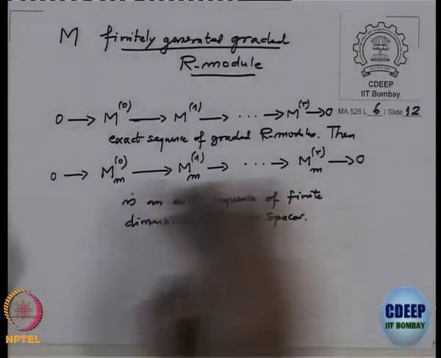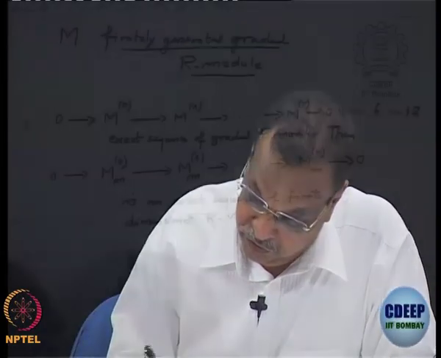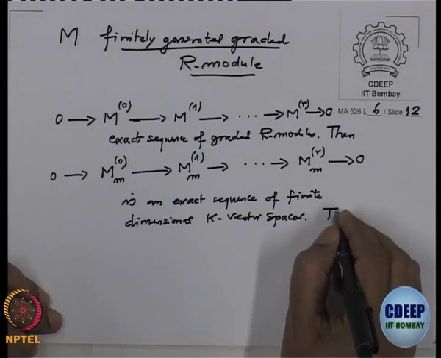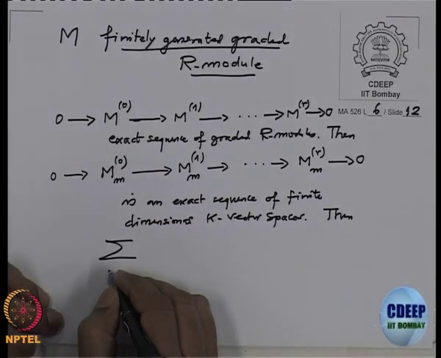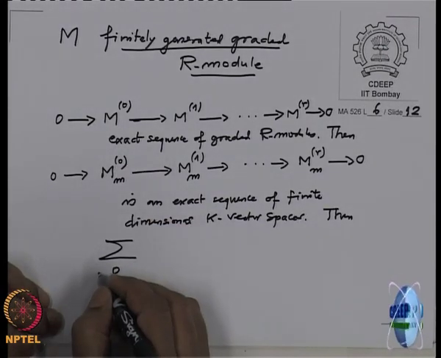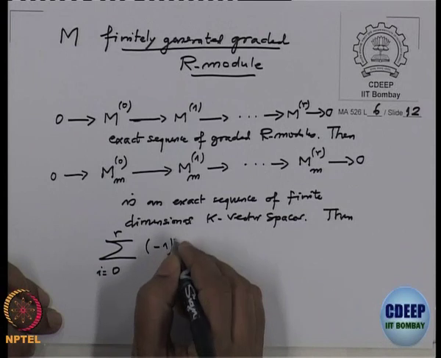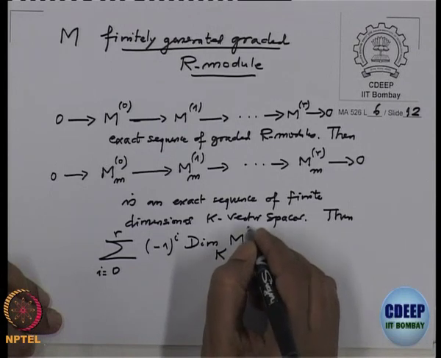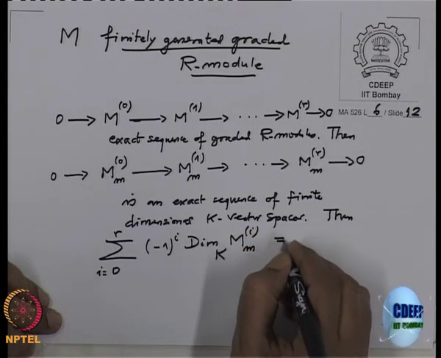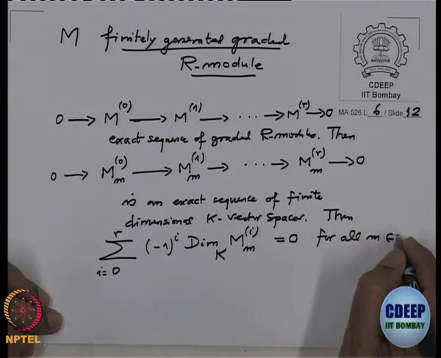But when you have an exact sequence of vector spaces, you can compute the dimensions, and the alternating sum of the dimensions is 0. So the summation from i equal to 0 to r, alternating sum of the dimension over K of (M_i)_m, is 0 for all m in Z.